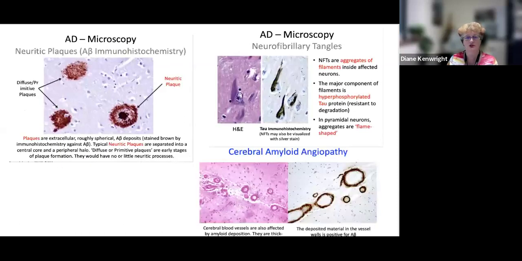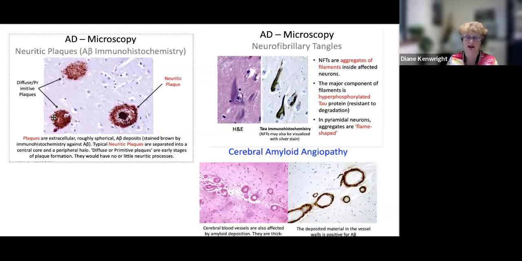Let's have a look at a few pictures. All right, so here we go. This is a neuritic plaque. They look different. So this is the beta amyloid that we're seeing here, and it becomes a true neuritic plaque when it gets this core of broken down dendrites and stuff in the middle.